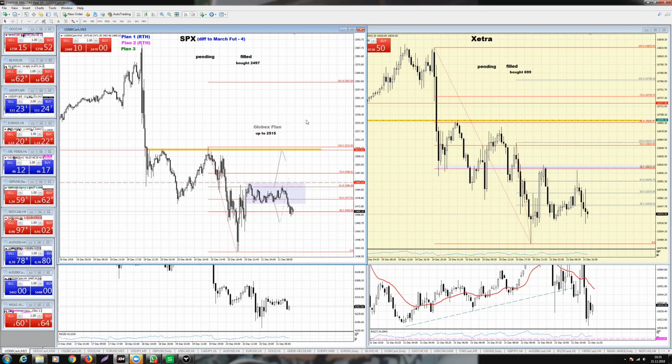S&P is 2470, traded a little bit lower. No big deal, still in the overnight range. Interestingly, gold is a little bit lower. Look for this 1250 level, 53, maybe 53 is our first Fibonacci possible buy opportunity down to 1250.